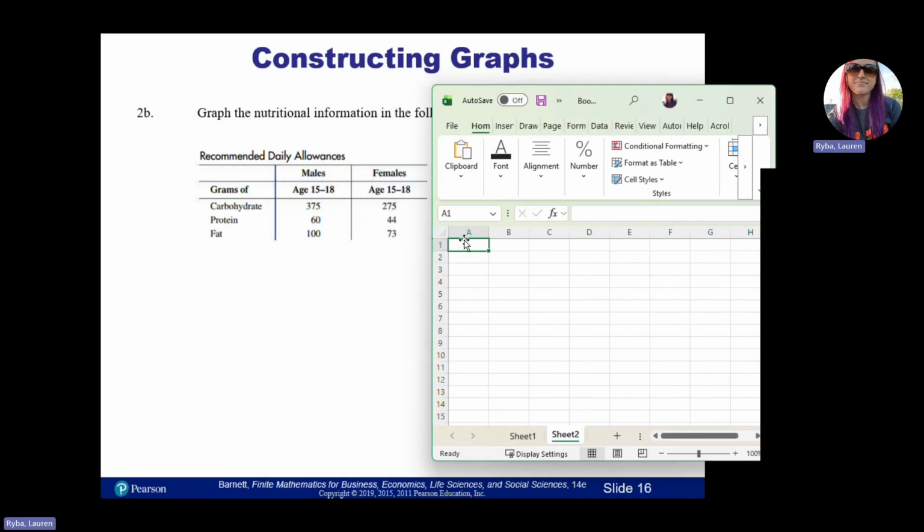So we have carbs, protein, fat, 375, 60, 100, 275, 44, 73. See if I can. It's gonna let me.